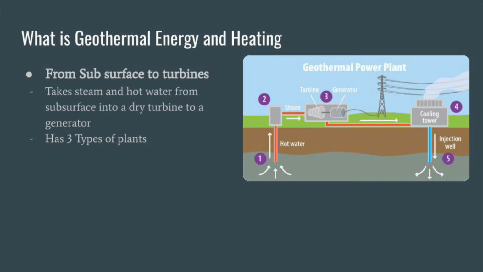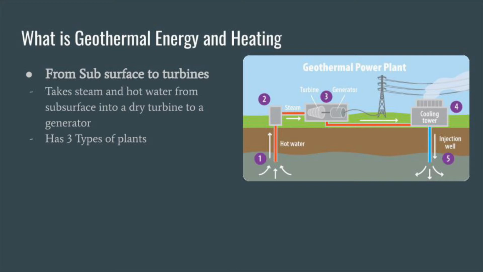After that, the leftover steam and water is then recycled into the cooling tower, as seen in part 4 of that figure. From that cooling tower, the water is cooled down and then re-injected into the Earth's surface, into a reservoir, so that it can be used again for another round of geothermal energy heating.